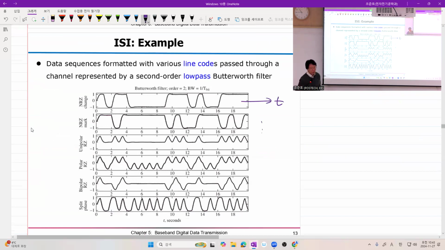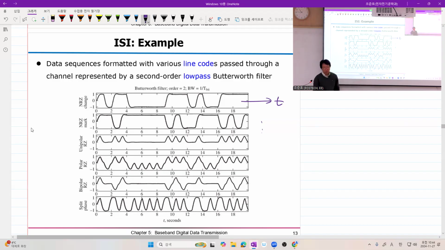These are signals observed at your oscilloscope, a sampling oscilloscope. Even though ideally this NRZ must have sharp edges at each unit second, you have a very smoothened version at the end of your transmission line. And for NRZ mark, unipolar RZ, polar, and Manchester, you have very, very distorted signals.